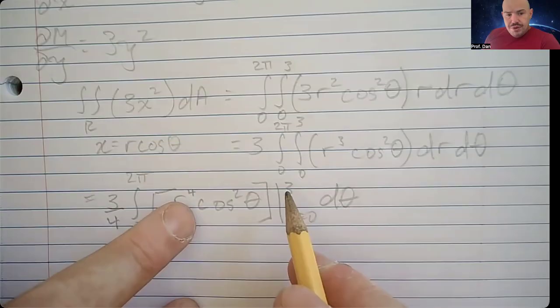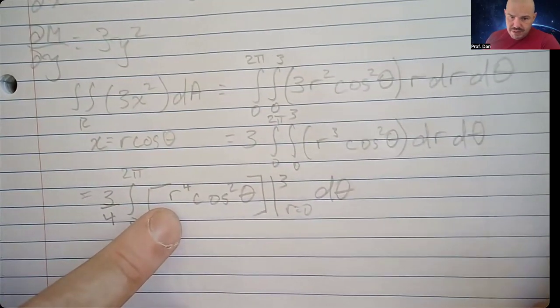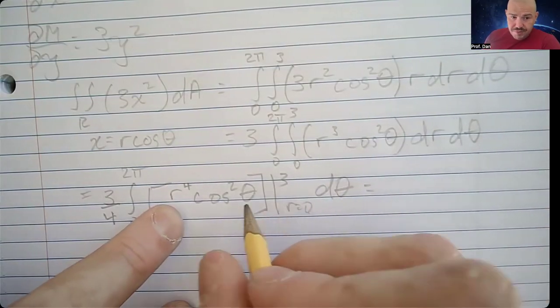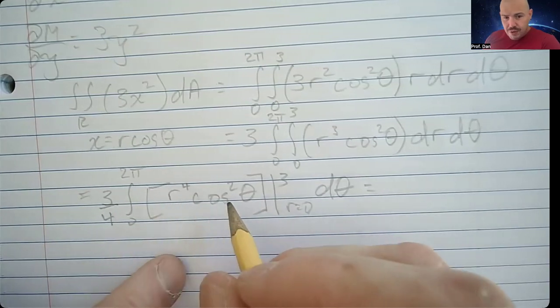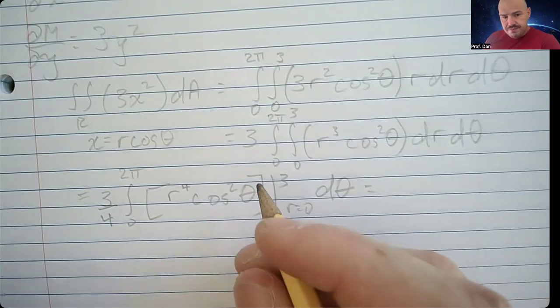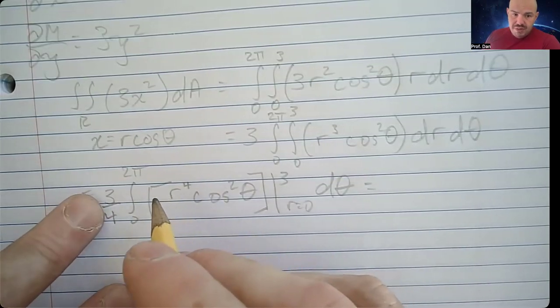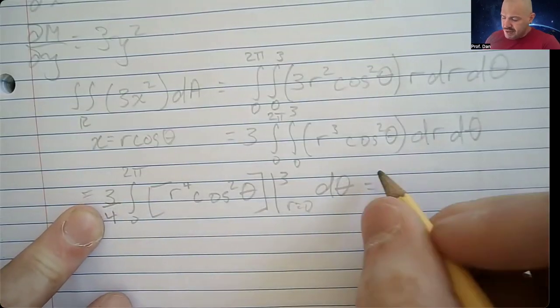So if r equals 3, 3 to the 4 gives me 81. And then if I plug in 0 for r, that whole term will be 0. So I get the integral of 81 cosine squared theta. It would be in my best interest, though, to take this 81 out front with this constant.